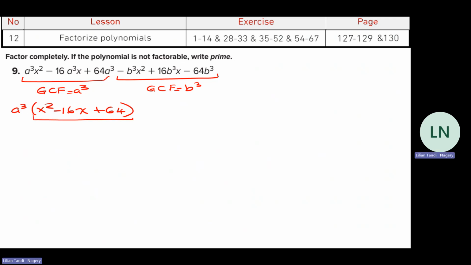This looks like A plus B, A minus B squared. And then you have B cubed, x squared plus 16x minus 64.